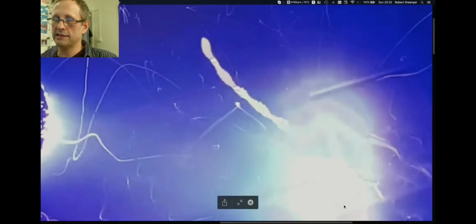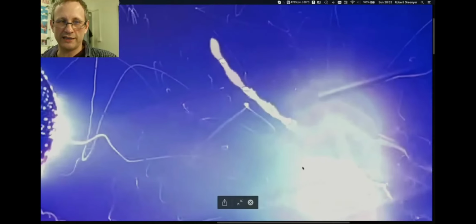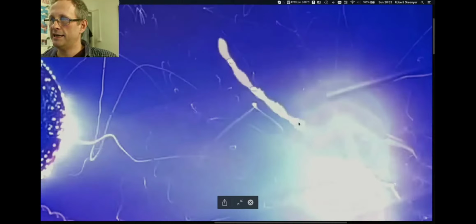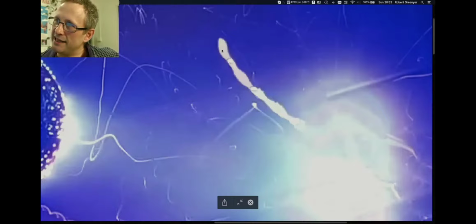I'll go to the large one, and if and when I can show you a video of this, you will see that there's this large bloom down on the bottom right. And what happens is it produces this thing which is moving much slower than some of the other tracks. And we know it's moving slower because in 1/60th of a second, it has this segment, this segment, this segment, and then this is part of 1/60th of a second.